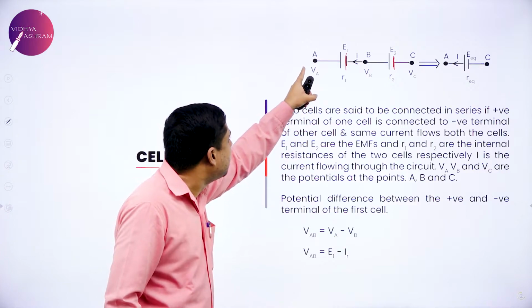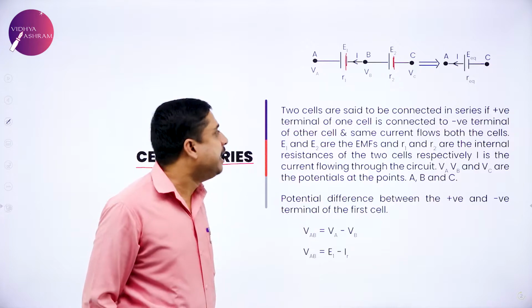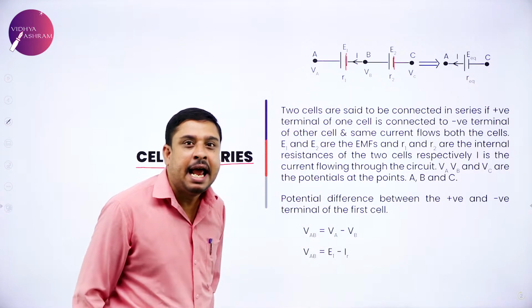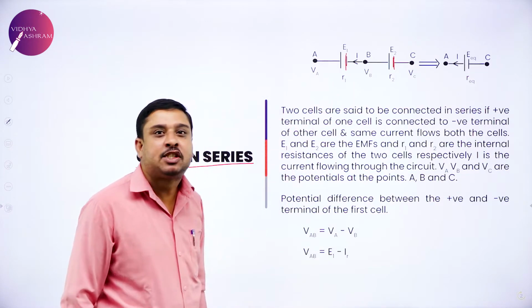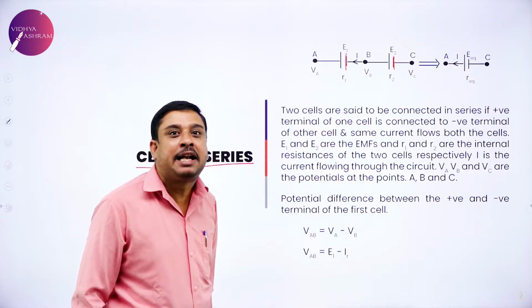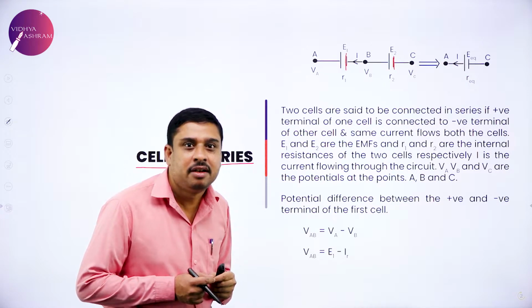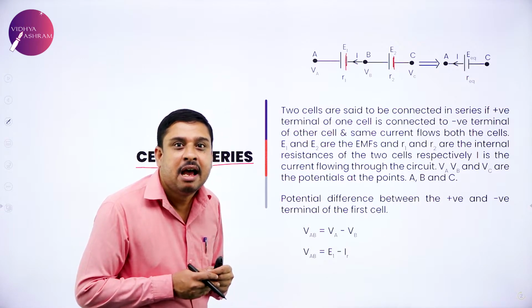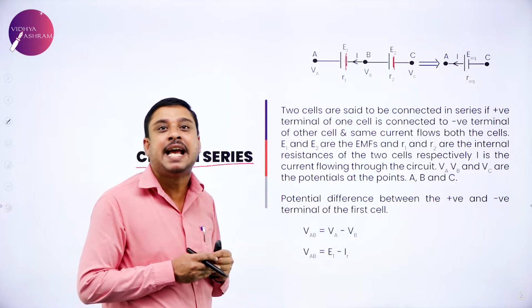Therefore, students, VA is the potential at the point A, VB the potential at the point B, and VC the potential at the point C.